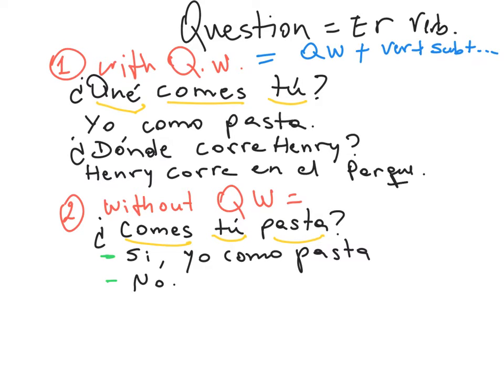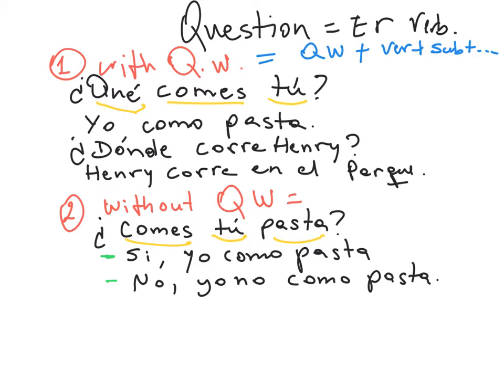I can say, no, yo no como pasta. Don't forget the double negation, guys. See? And I can change that to ask the question using different names, different subject pronouns, plural ones, singular ones, doesn't matter what type, okay?